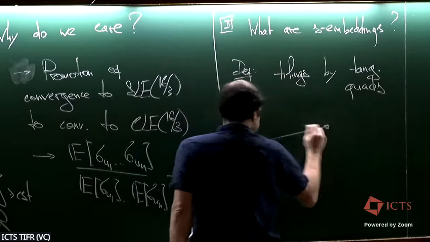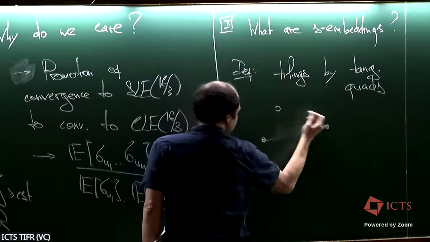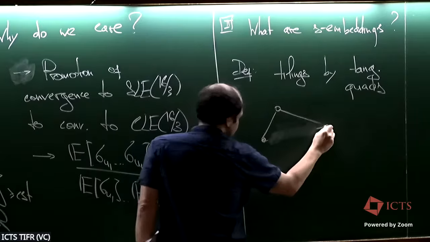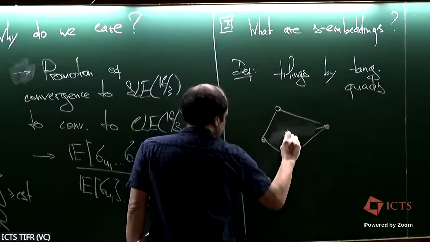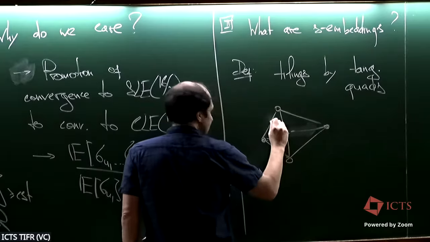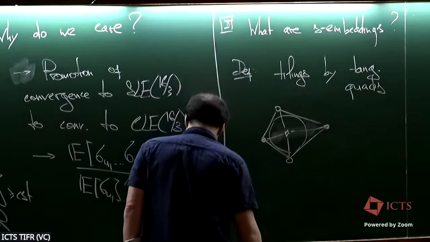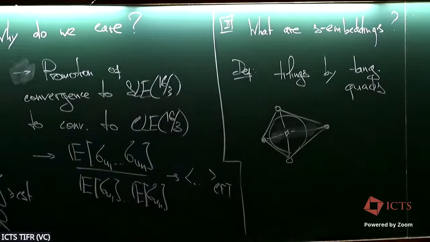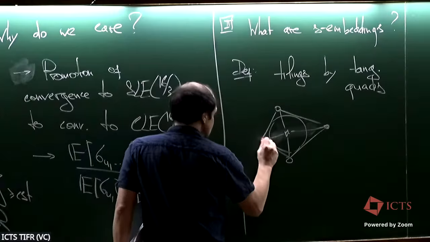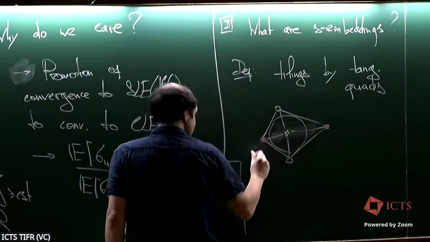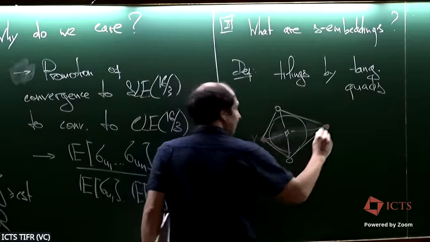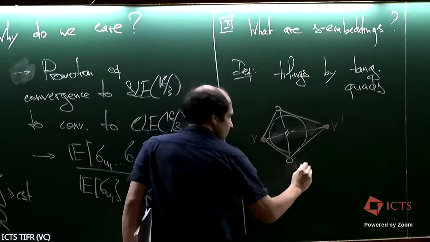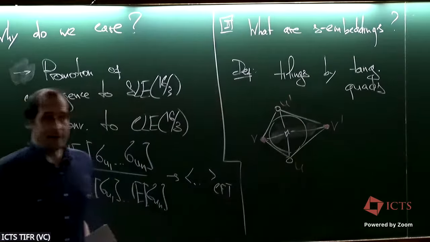So here is my notation. So this is a tangential quad. And this is the center of the circle. So these two guys belong to the graph. So those are vertices, say V and V prime. And these guys belong to the dual graph, U and U prime.